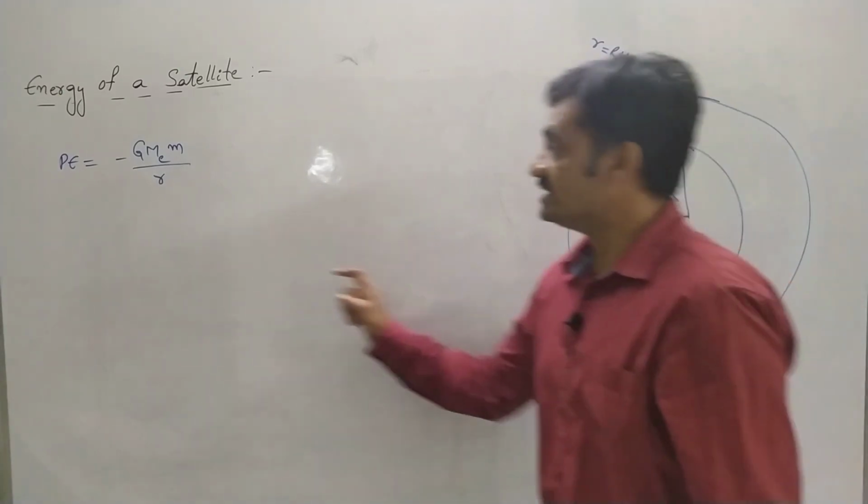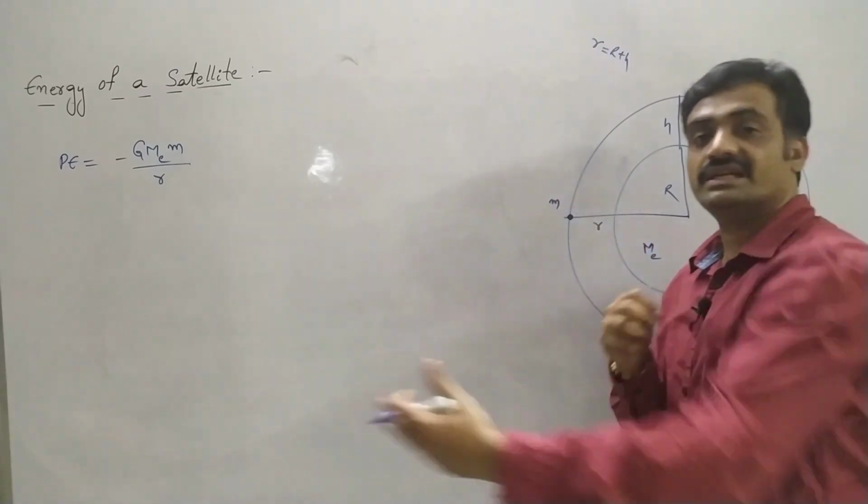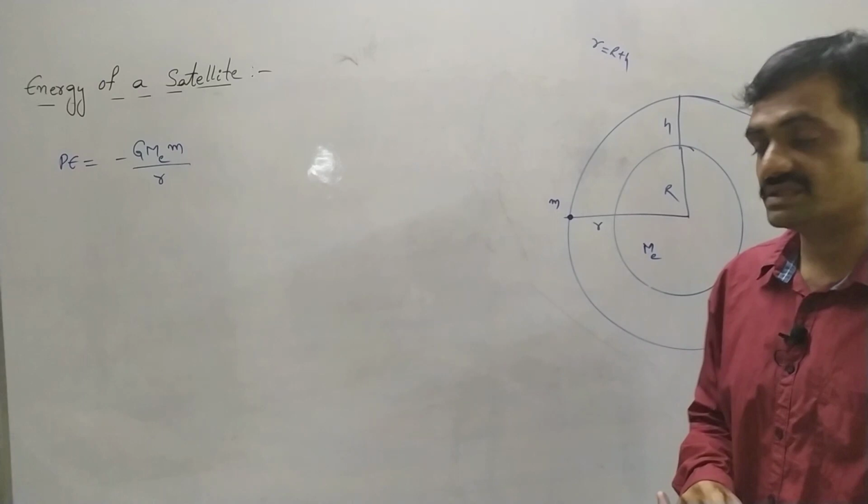Here we have represented the potential energy of the satellite because the satellite is placed at a height h from the surface of the Earth.